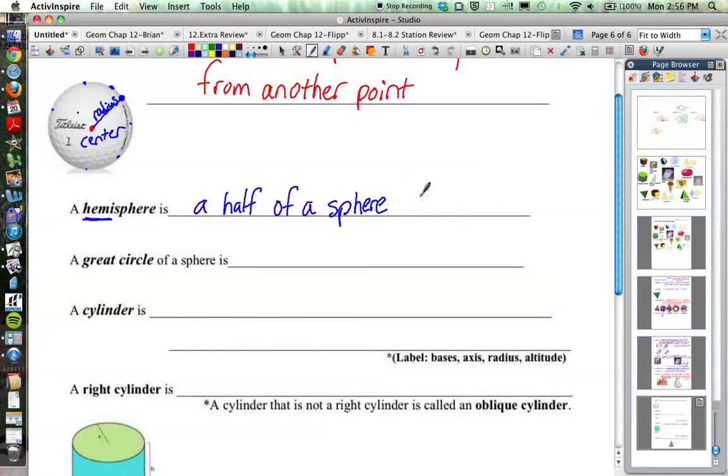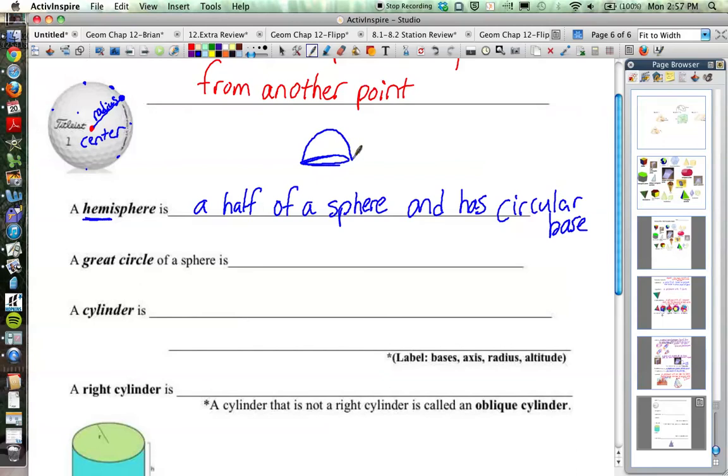and a hemisphere will have a circular base. So if you can imagine, I'm just trying to draw this in perspective here, but that is a circle, and then half of the sphere. It's kind of like a dome, really.